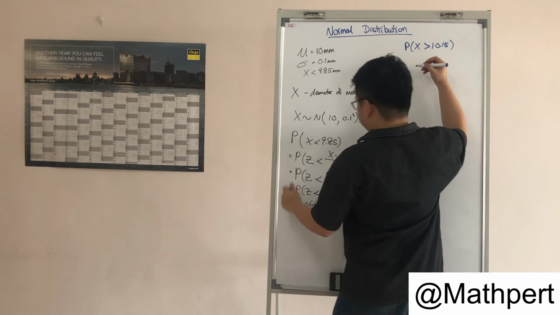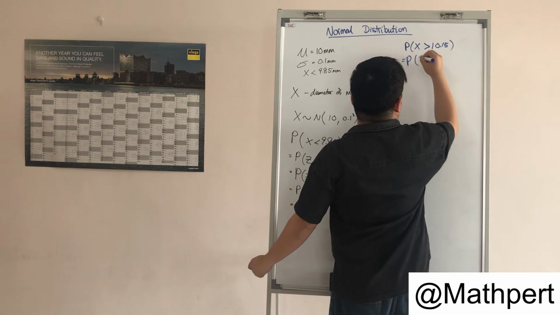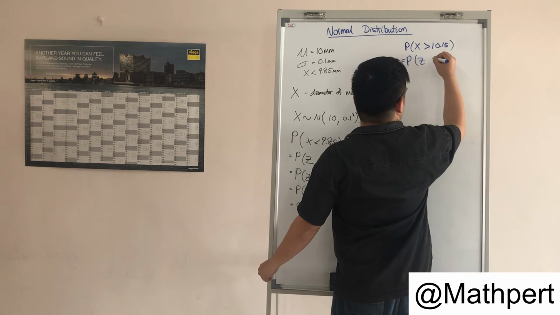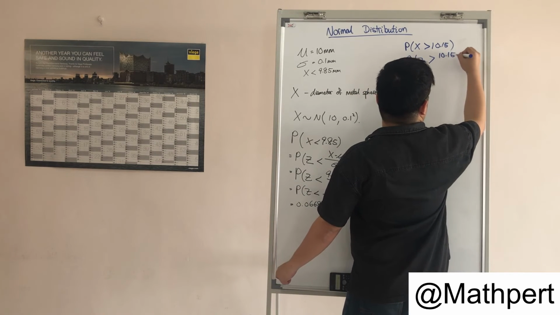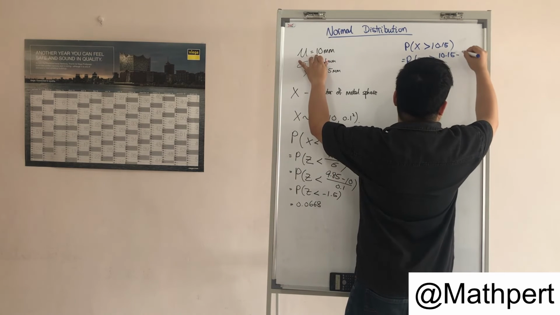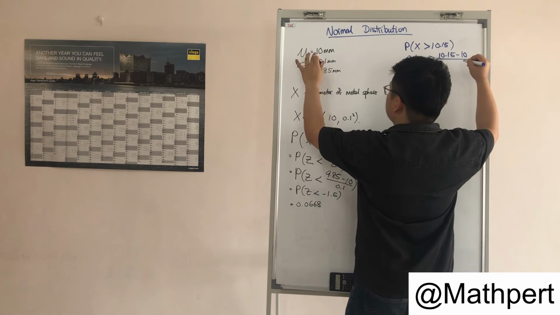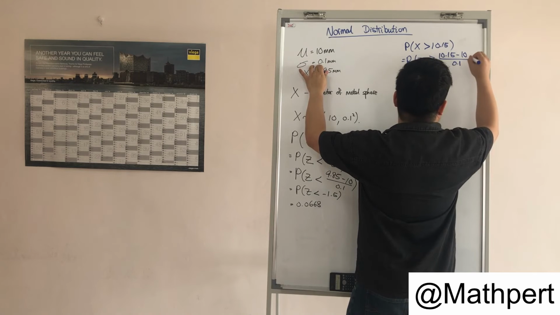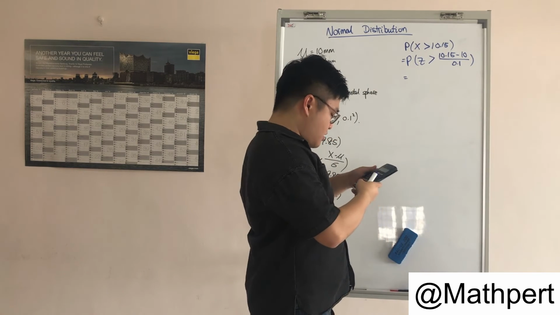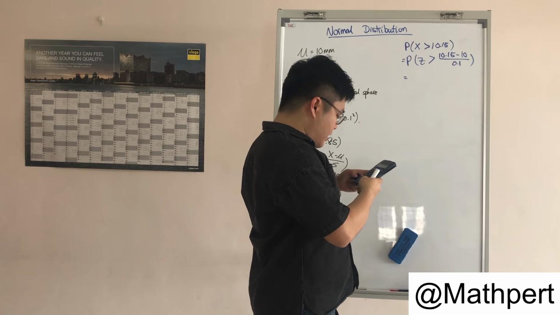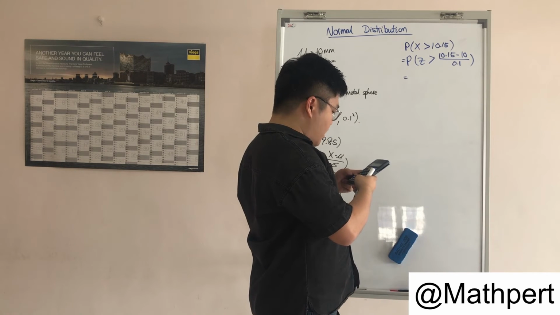So here we get P(Z more than (10.15 minus mean 10) over standard deviation 0.1), which is 10.15 minus 10 divided by 0.1.